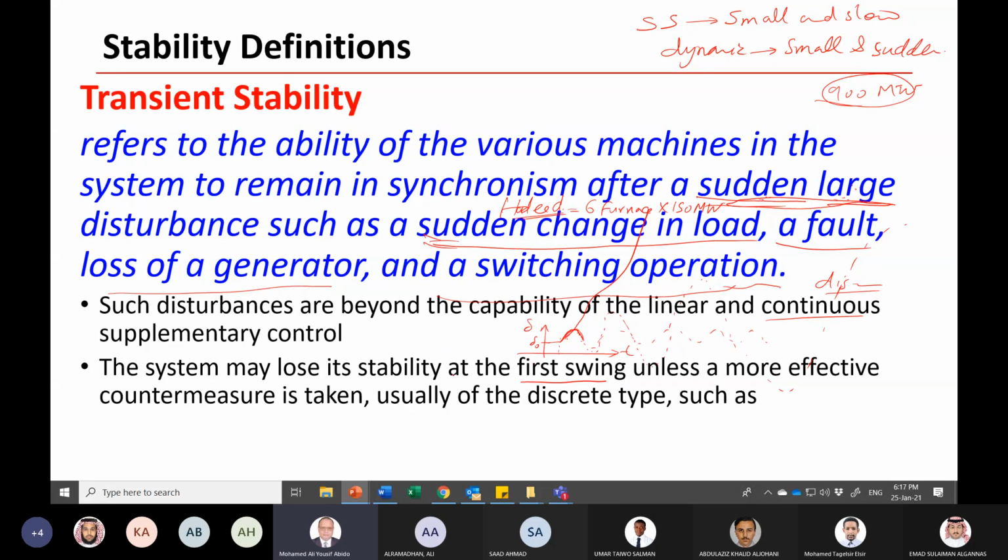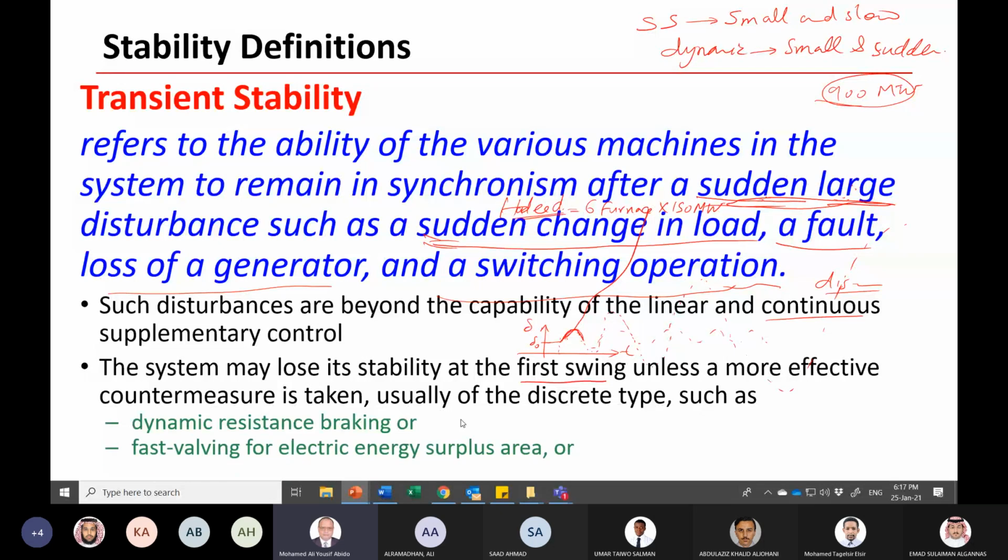So the system may lose its stability at the first swing unless a more effective countermeasure is taken, usually of the discrete type, such as we mentioned earlier: dynamic resistance braking, or fast valving, where you can decrease the valve opening of the steam very fast, or some load shedding.